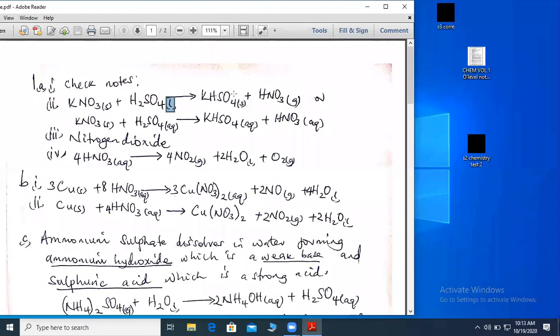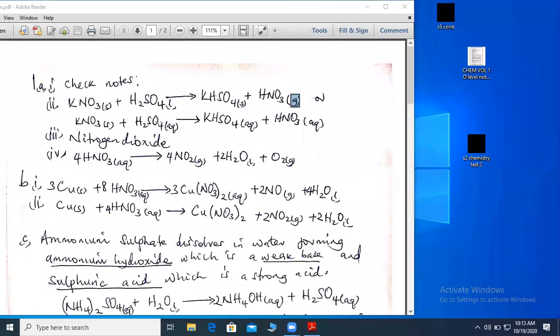So the potassium hydrogen sulfate will be a solid, and the nitric acid formed will be a gas. That is case number 1. So when you use sulfuric acid as a liquid, you cannot use aqueous for potassium hydrogen sulfate and aqueous for nitric acid. I think you are getting that point.